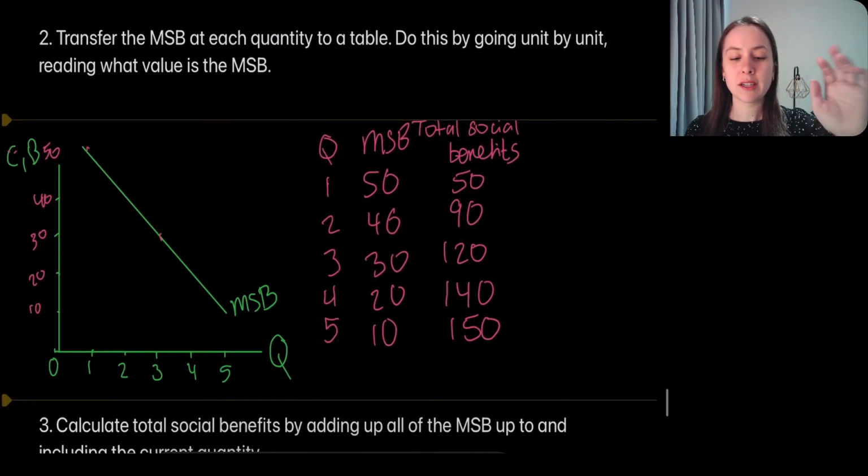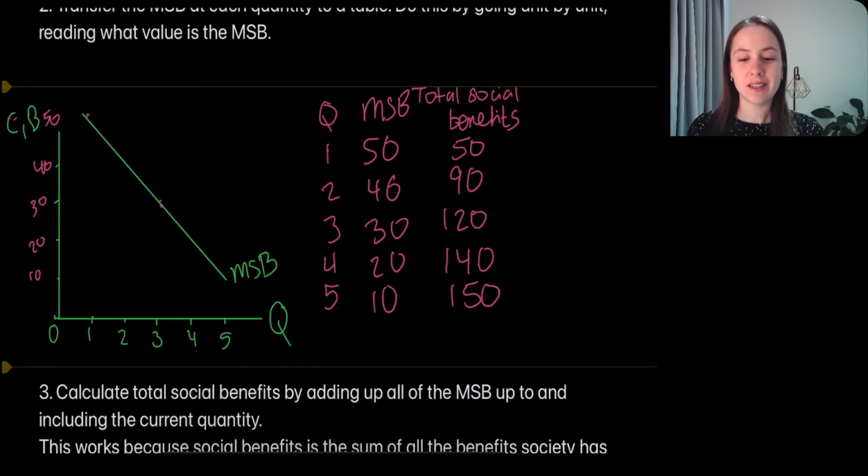Okay, I was a bit off. That first unit adds 50 to benefits. That second unit adds 40. That third unit adds 30. And again, then you add these up to get the total benefit. So that first unit has a total of 50 because it added 50.